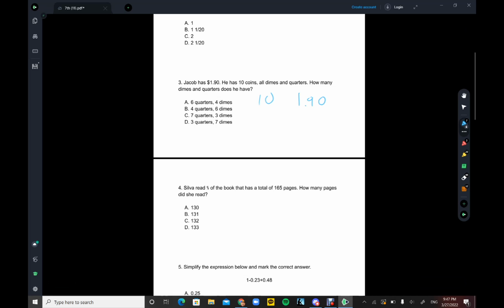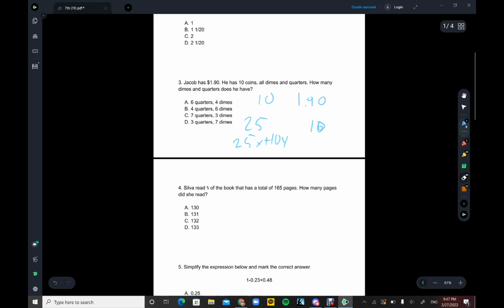So what you would do is, a quarter would be 25 cents, and a dime would be 10. So first, 25x plus 10y.